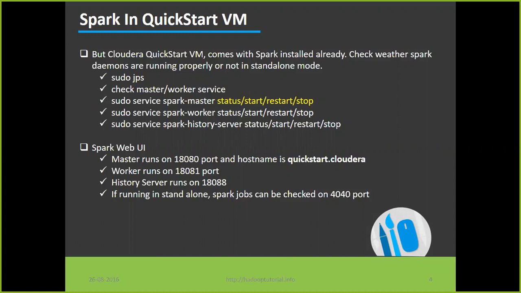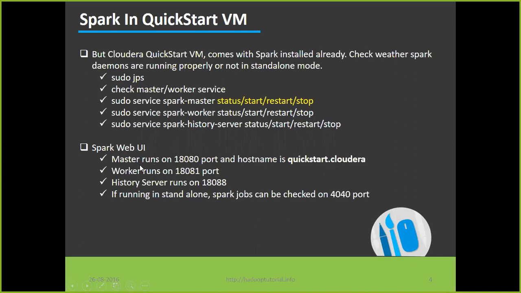If it is not the case, then you will only find the Spark master running. But in your laptops, the latest VMs, as I was telling you, it's a local mode of installation, where whenever you start your Spark shell or run something on your Eclipse, all the services run within one single JVM. So even if you try to open the master, worker or history servers in your web browsers on these port numbers, that may not work on your VMs.